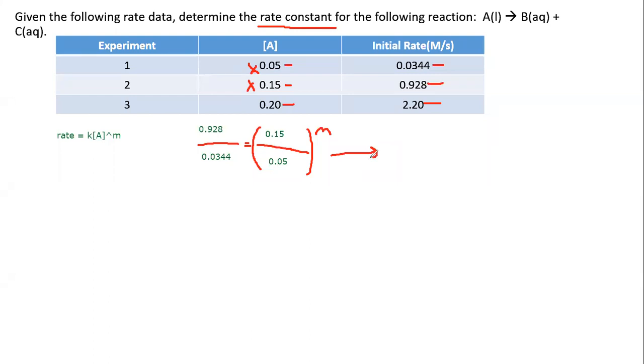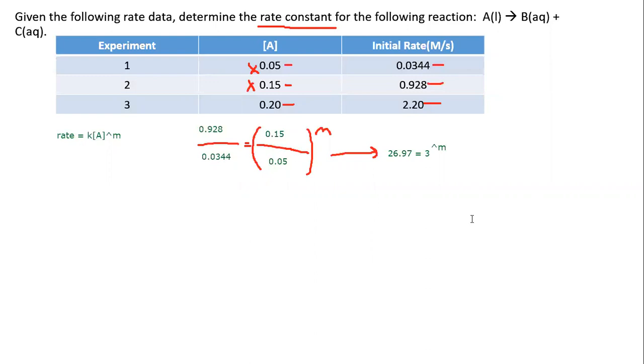We get 26.97 equals 3 raised to the m. So now you have to ask yourself what power of 3 will give me approximately 27.